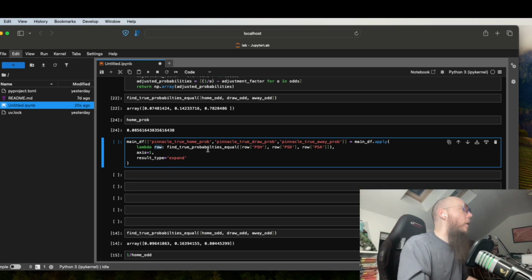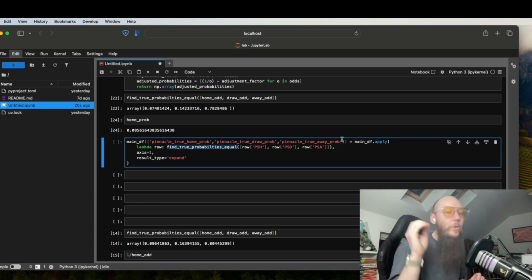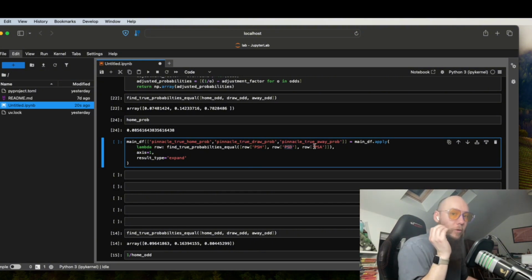It takes in a row and then it applies this find true probabilities function to that row. And I would like you to take in the PSH, the Pinnacle Sports home odd, the draw odd, and the away odd. And we want it applied along the row axis, which is what that's telling us. And I want you to expand the results, just write them in place, that's fine.